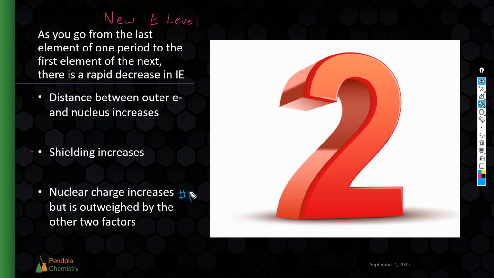We're going to get more protons, which normally would lead to a bigger ionization energy. However, and we always want to say this, it is outweighed by shielding and distance. Those two other factors are going to be more significant than the increased number of protons.